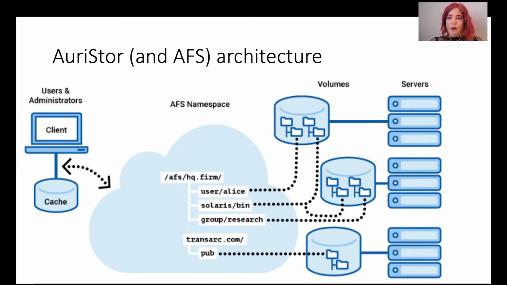Each volume can live on one or more servers where there is a single read-write copy and as many read-only replicas as you like. The read-only replica on the read-write site is free and uses a copy on write mechanism to only use additional space for the differences between the read-write and the read-only copy. And other read-only copies, of course, are a full copy of the data. This uses a publish model.